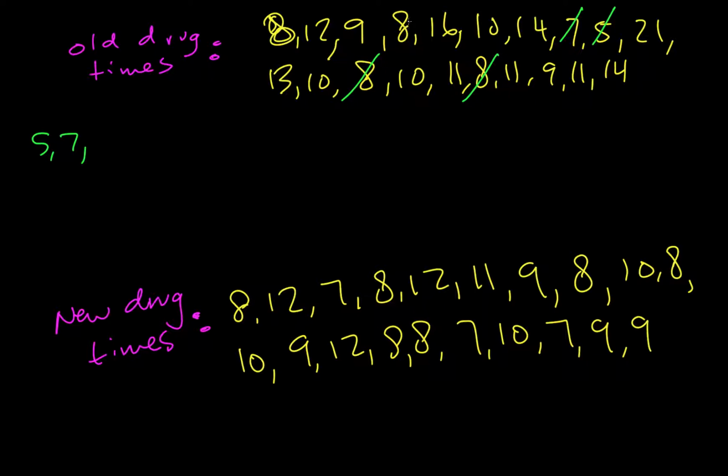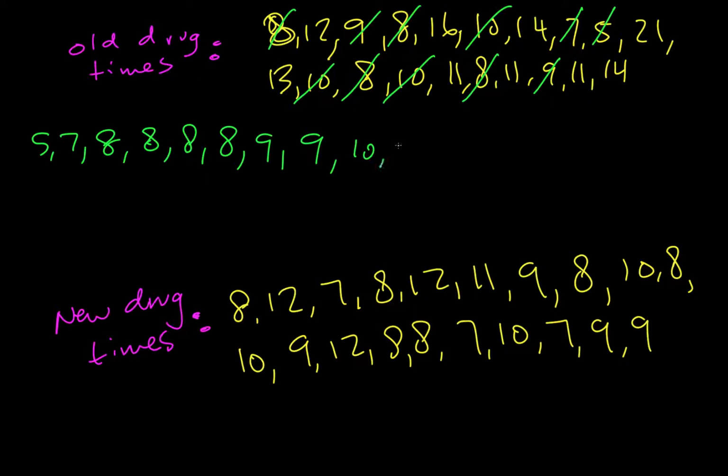1, 2, 3 8s. And we got another 8. So 8, and then the 9, another 9. We got 1, 2, 3 10s. We got 1, 2, 3 11s.